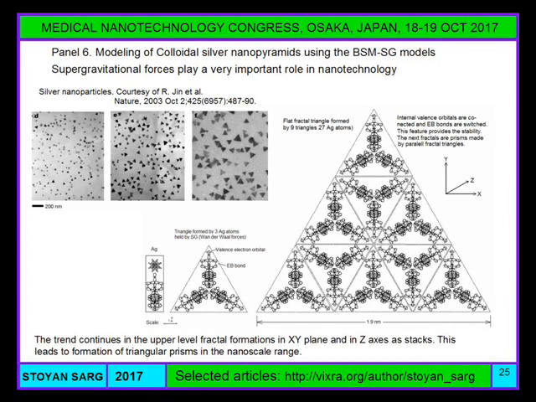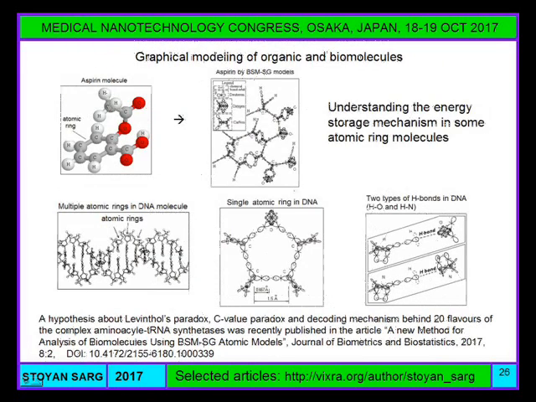The analysis with the BSM-SG atomic models envisions the existence of an energy storage mechanism in some amino acids and biomolecules, a feature that is experimentally observed. This feature will be discussed in detail in my plenary talk.